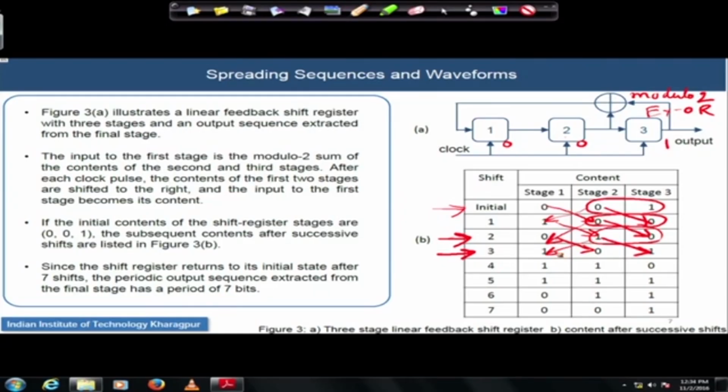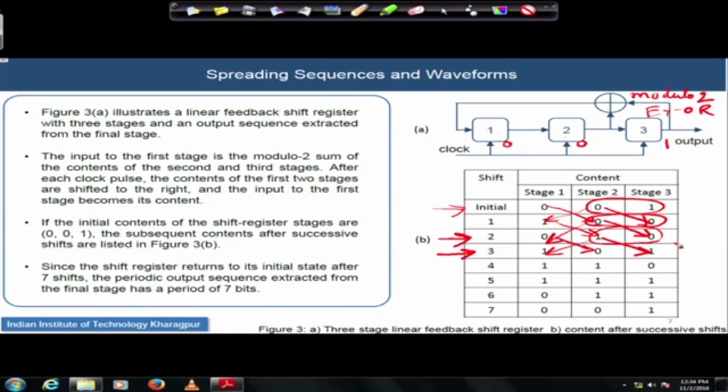This way the value stored slowly gets shifted from one stage to the last stage, and the output is generated from the output of the last stage. The sequence that you are getting starts like this. It was initially 1, so 1 0 0 1 0 1 1 is the sequence, or if you count it after the arrival of the first clock pulse, it will be 0 0 1 0 1 1 1.